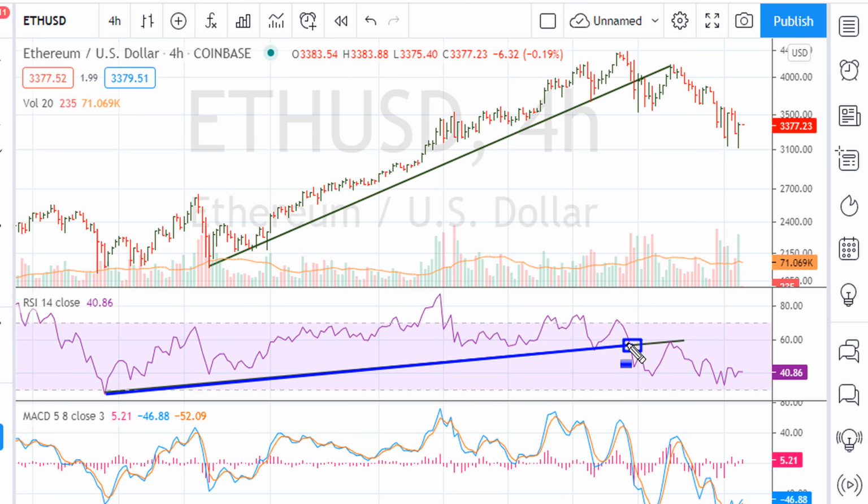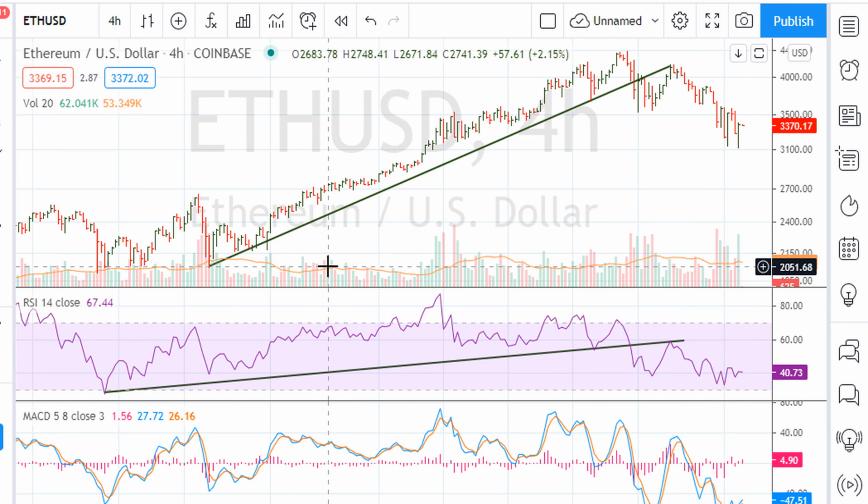Based on my uniformity concept, I draw a line that way, and again confirming that this was a resistance area. In fact, if you squint, you might be able to see that it tagged that twice at this high there. So either way, that's how you use price and RSI to gauge potential resistance.